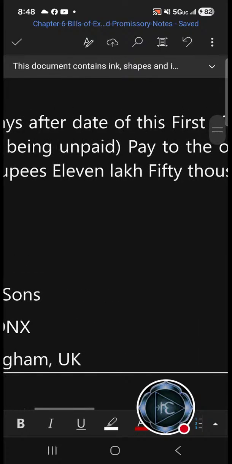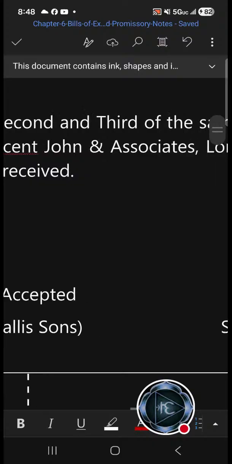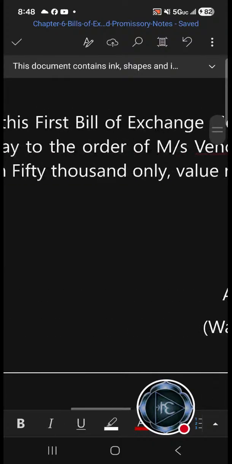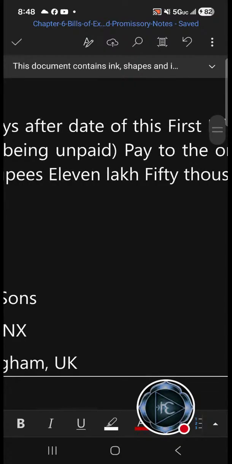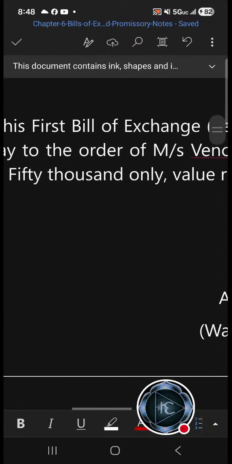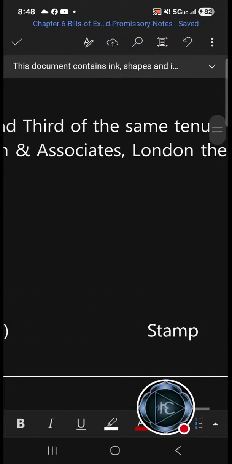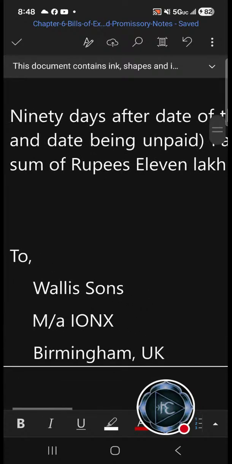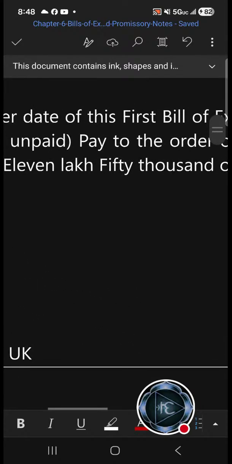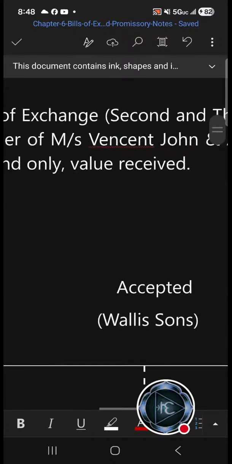90 days after date of this first bill of exchange, second and third of the same tenure and date being unpaid, pay to the order of Miss Vincent John and Associates, London, the sum of rupees 11 lakh 50,000 only, value received.